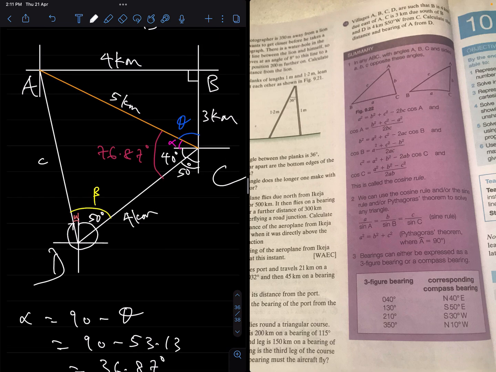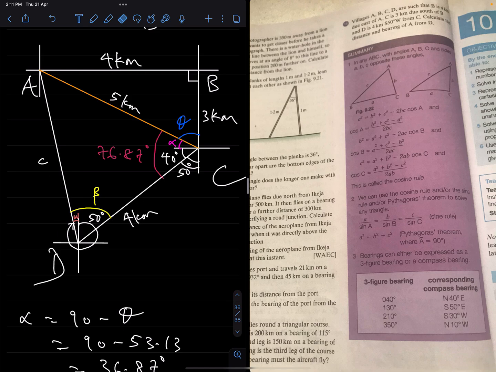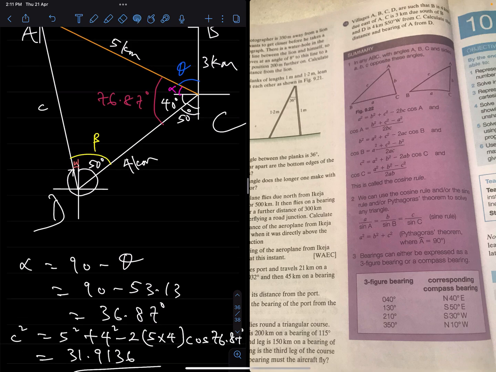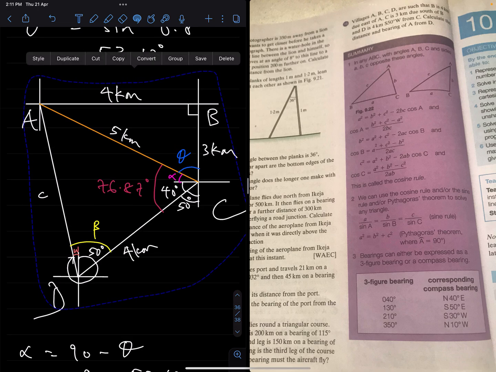I'm now going to say 5 over sine beta is equal to C over sine 76.87 degrees in triangle ADC. Let me copy the diagram and paste a tiny image of it.